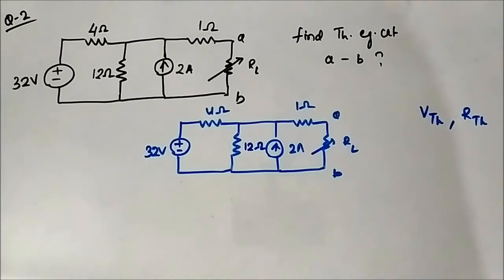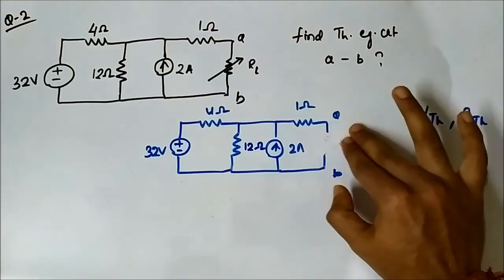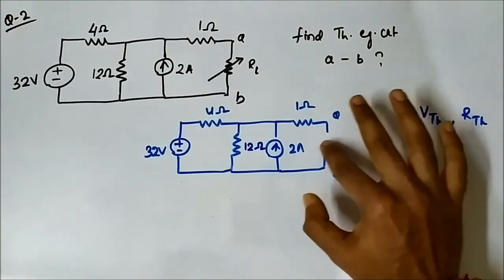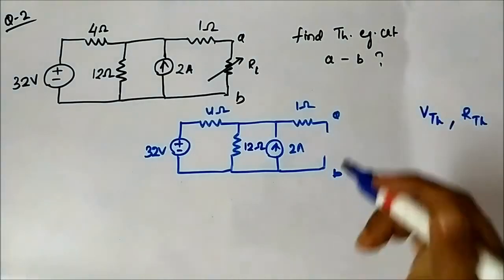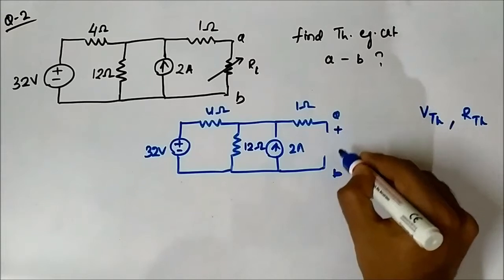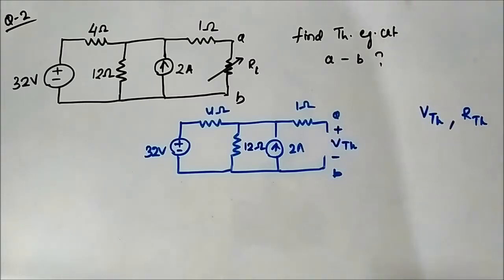For that, as we did in the previous question, the 2 points across which we have to determine the Thevenin voltage, we have to open circuit it. So we have to remove the load resistor from here, and the voltage across these 2 terminals is the Thevenin voltage.